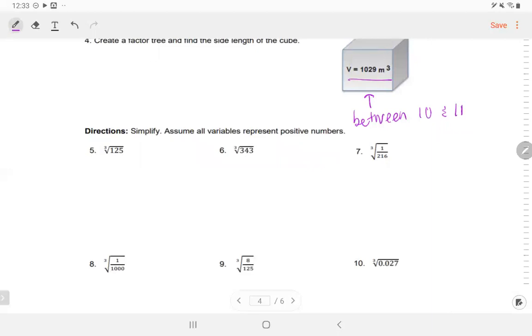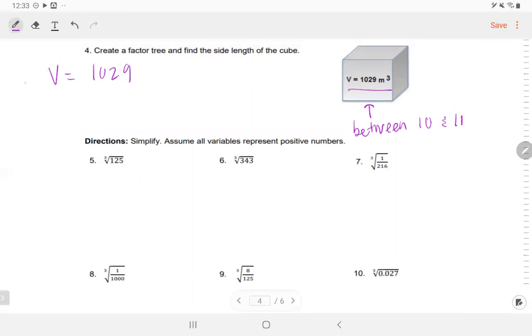So we're going to create a factor tree for 1,029. So if I'm going to take the volume equals 1,029, I'm going to take the cube root of both sides to find the side length.